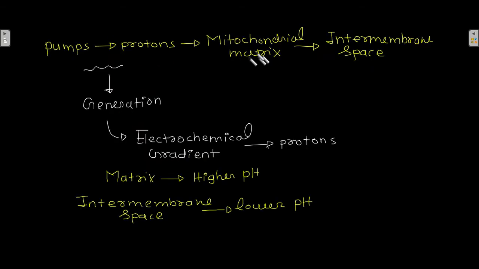Because of this pumping, an electrochemical gradient of protons is generated, and the matrix has a higher pH as compared to the intermembrane space, which has a lower pH. This pH difference arises because of the pumping of protons from the matrix to the intermembrane space.